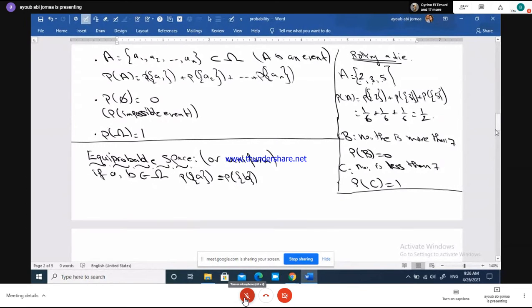Then the space is uniform, or equiprobable. For example, in rolling a die, 1, 2, 3, 4, 5, 6, the probability of 2 and the probability of 5 are equal. They have the same chance to occur.